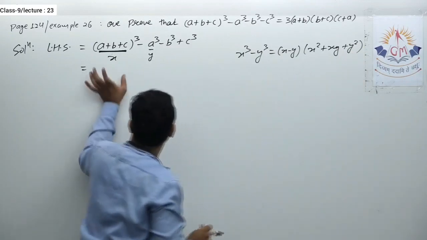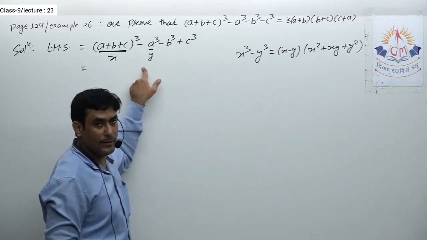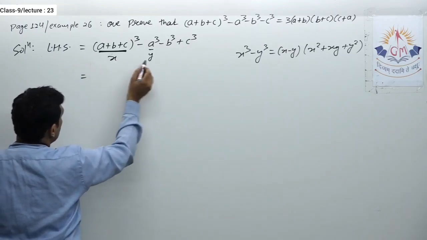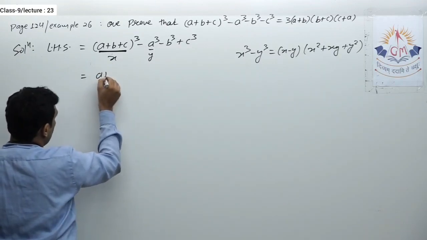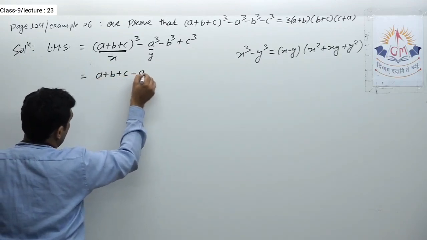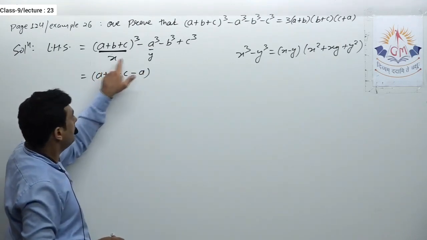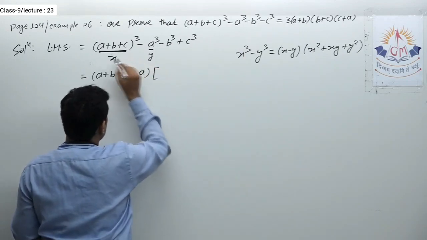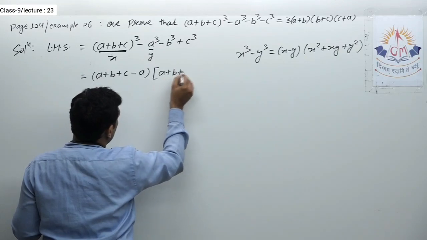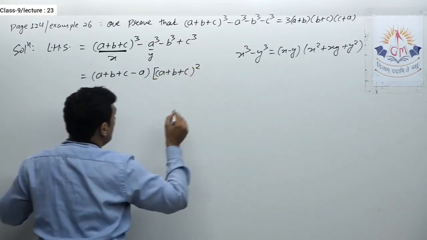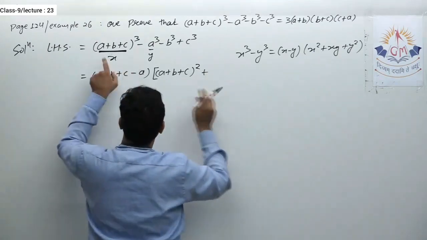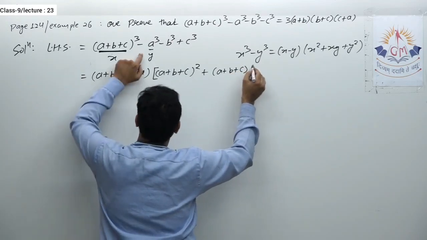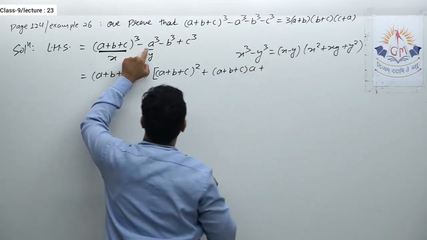So using this identity, first of all I will apply it over here. This is x cube minus y cube, so x minus y, that is a plus b plus c minus a. Now in the next bracket, x square, that is (a + b + c) whole square, plus xy, the product of these two, (a + b + c) into a, plus y square, that is a square.